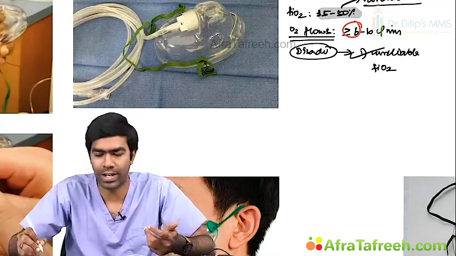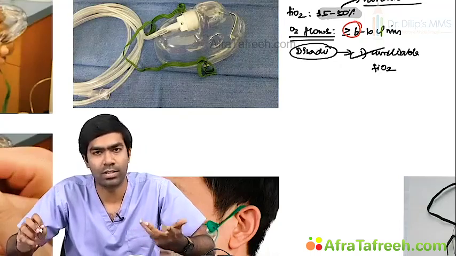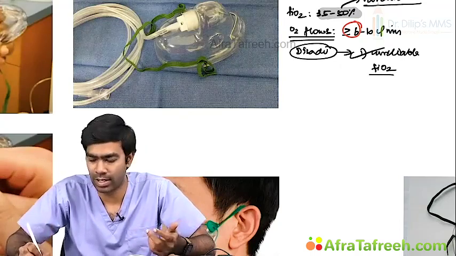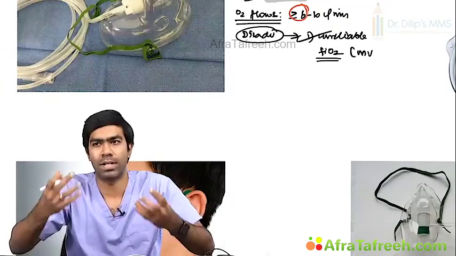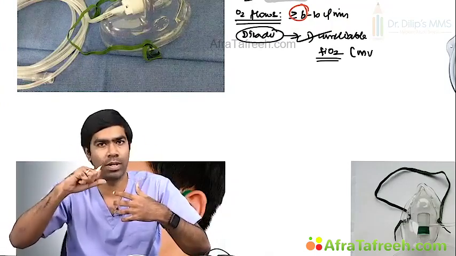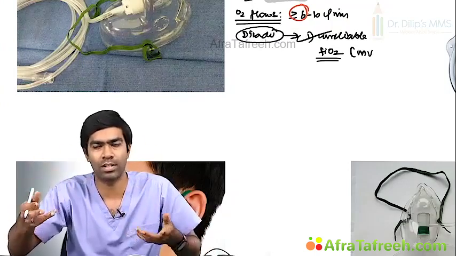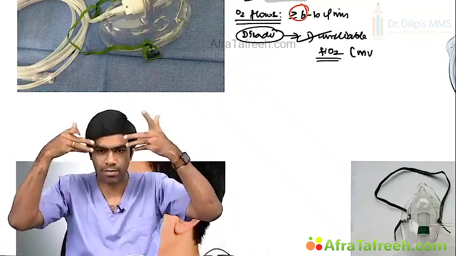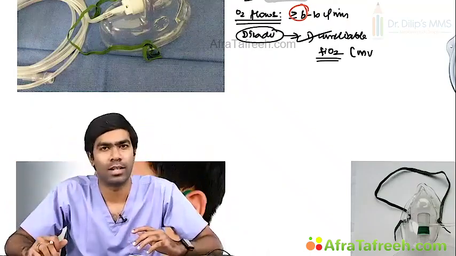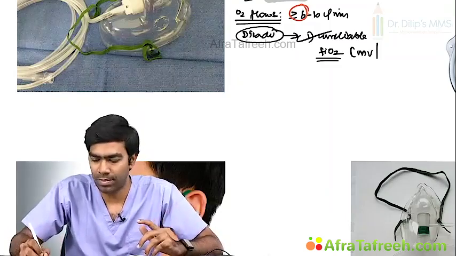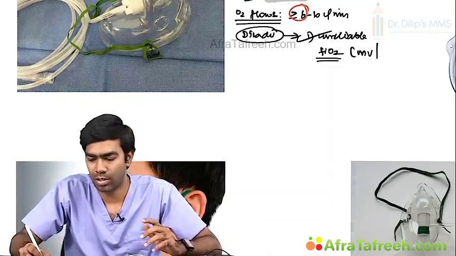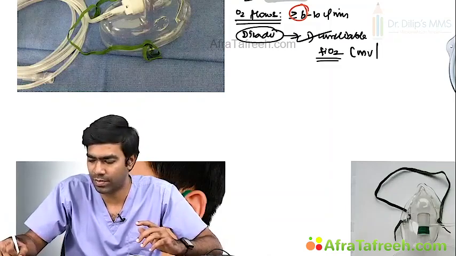So a lot of factors are going to affect the FiO2. Again, it depends on the minute ventilation, because if the patient breathes very fast, the oxygen flow may not be enough. We are giving only 6 to 10 liters, which means they have to take in from the other areas, from the atmosphere only. Clear.